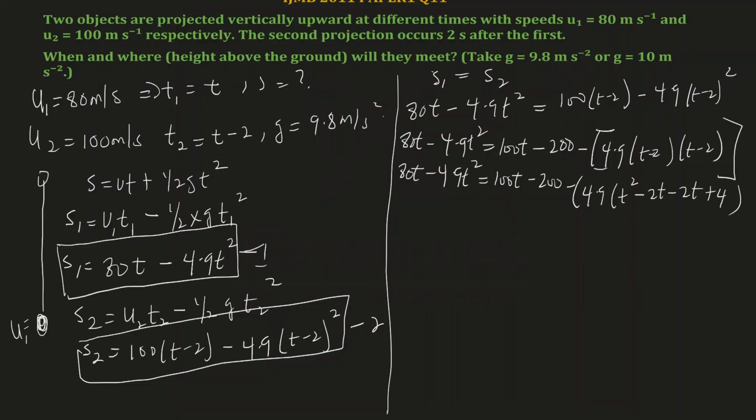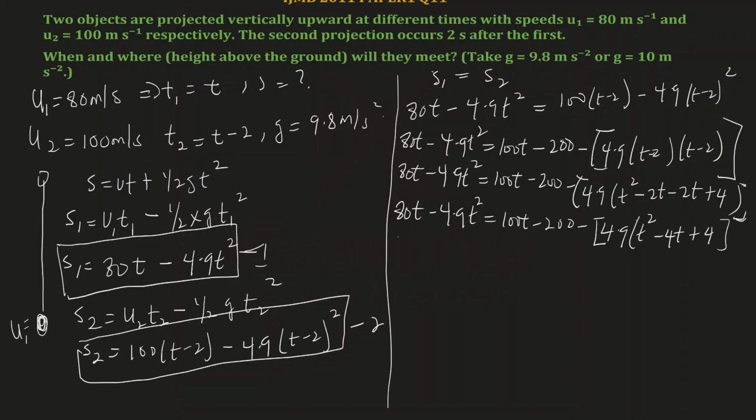Following this bracket: t times t is t squared. t times negative 2 is negative 2t. Negative 2 times t is negative 2t. Then negative 2 times negative 2 is 4. So we now have 80t minus 4.9t squared equals 100t minus 200 minus 4.9 into (t squared minus 4t plus 4).